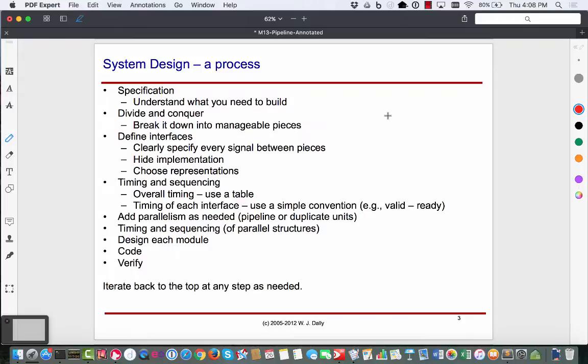I can certainly implement it as a purely sequential thing, much like you might do in a standard C or Java program where things go in sequence. But even in the software world, we go through this exercise of asking, could I put multiple threads to work to speed things up? Now, hardware is already insanely concurrent, in the sense that each gate is running in parallel with another gate.